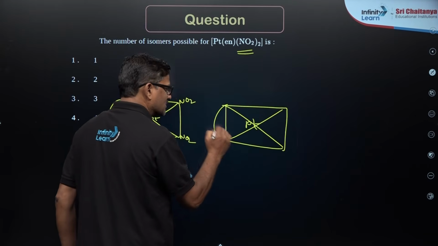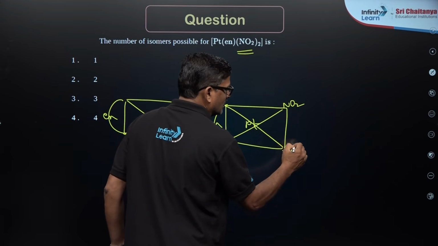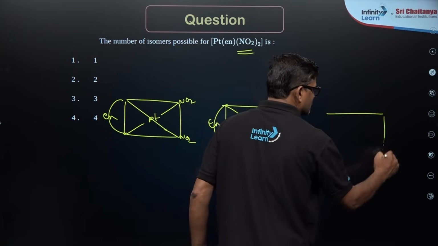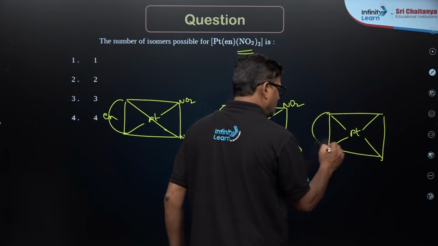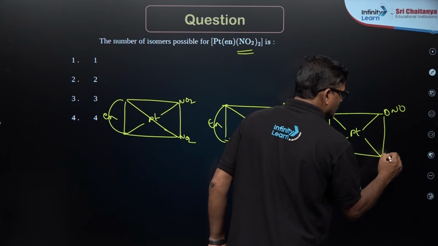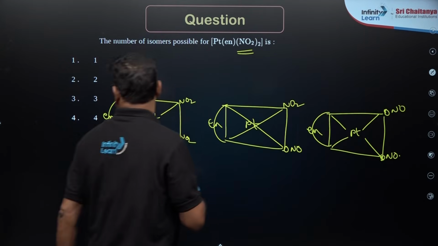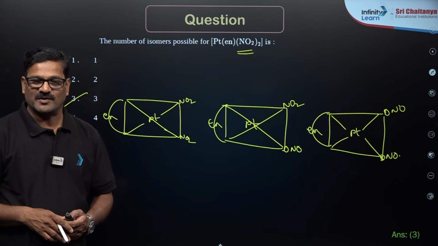Pt, it is going to be en, NO2 and ONO. And it is going to be Pt, en and ONO and ONO. I could get total 3 possible isomers for this square planar complex.